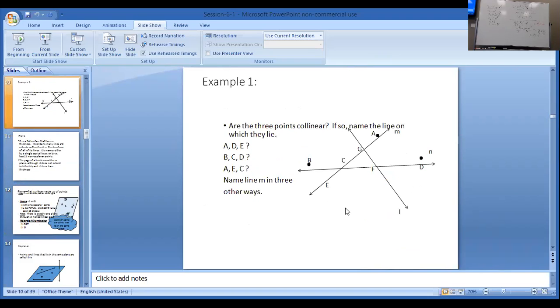For example, example 1: are these three points collinear? If so, name the line on which they lie.